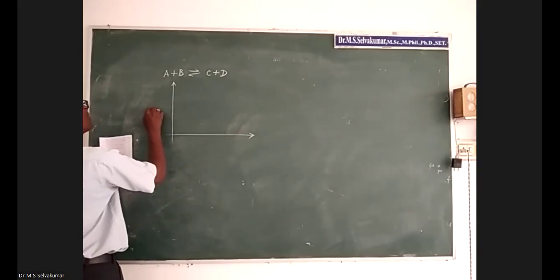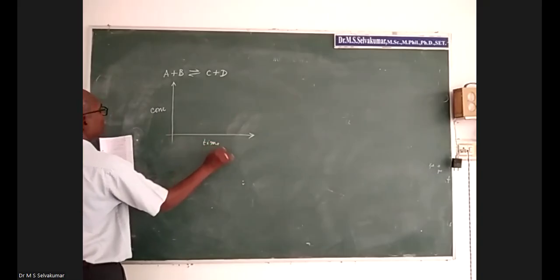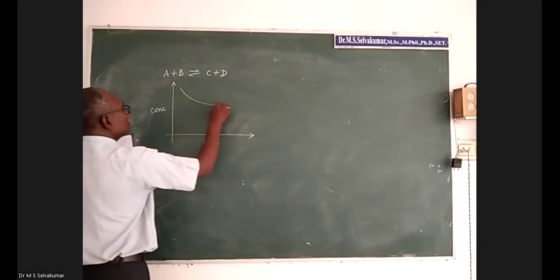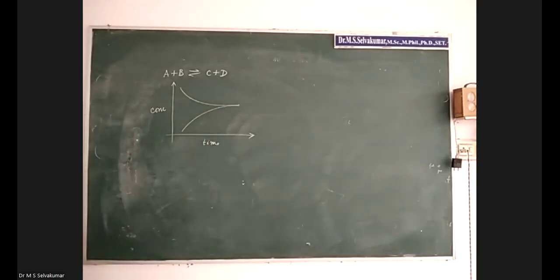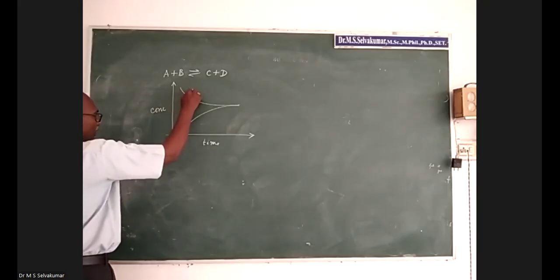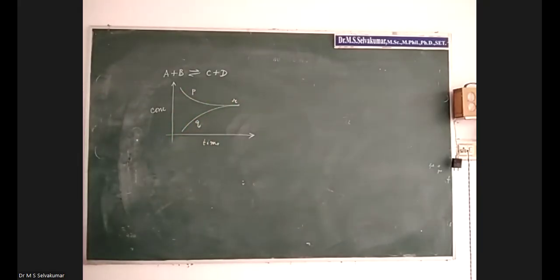So this is, let me say, concentration. This is time. This is P. This is Q. This is R. The question is, what do the terms P, Q, R say about?